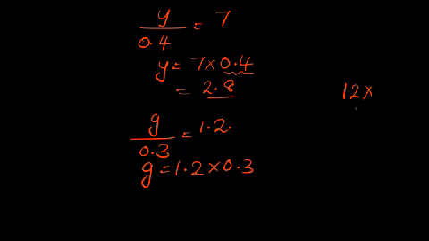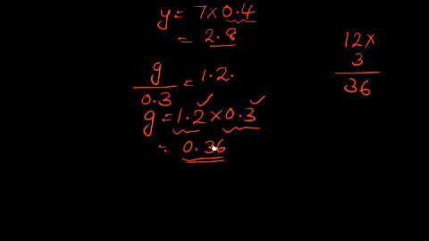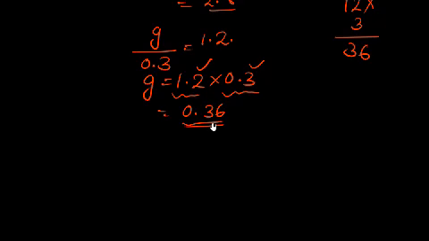If there were no decimals, 12 times 3 is equal to 36. Then in the question you can see two digits on the right side of the decimal points. So your answer will also have two digits on the right side of the decimal point. So you should put the decimal here before 3 and 6. That is 0.36. Okay. So this is the last part of solving one-step equations.